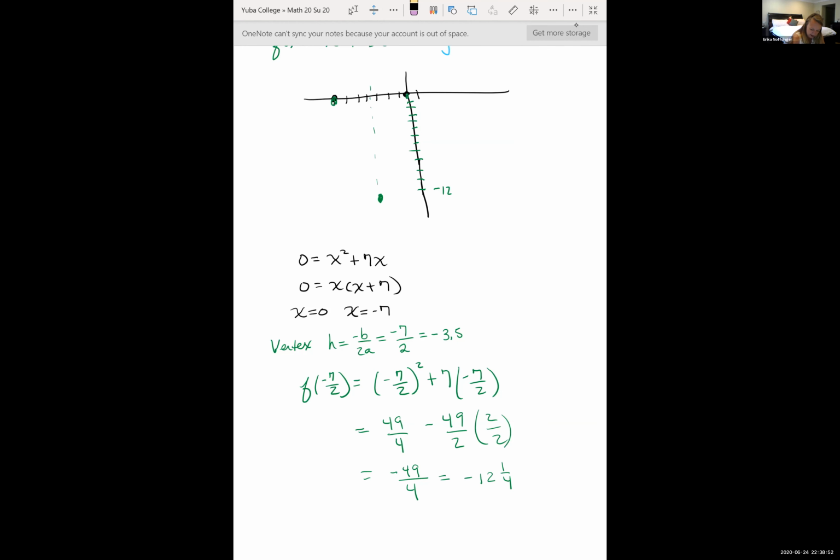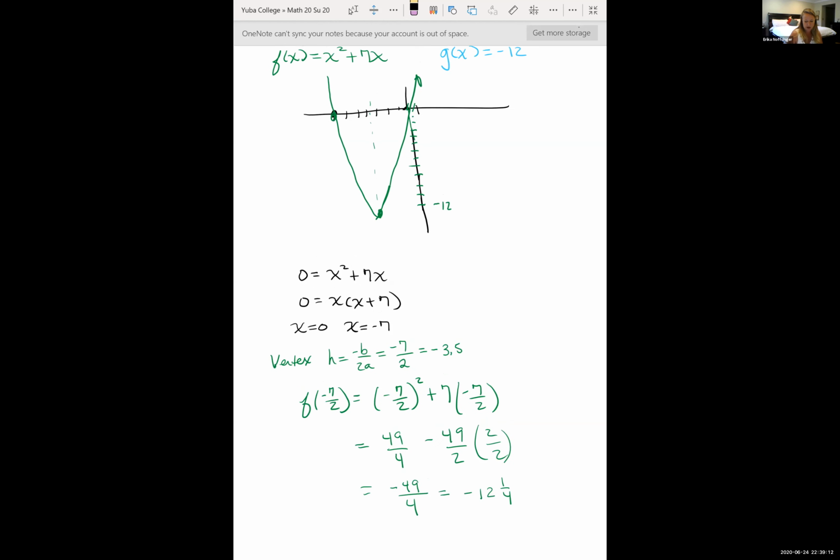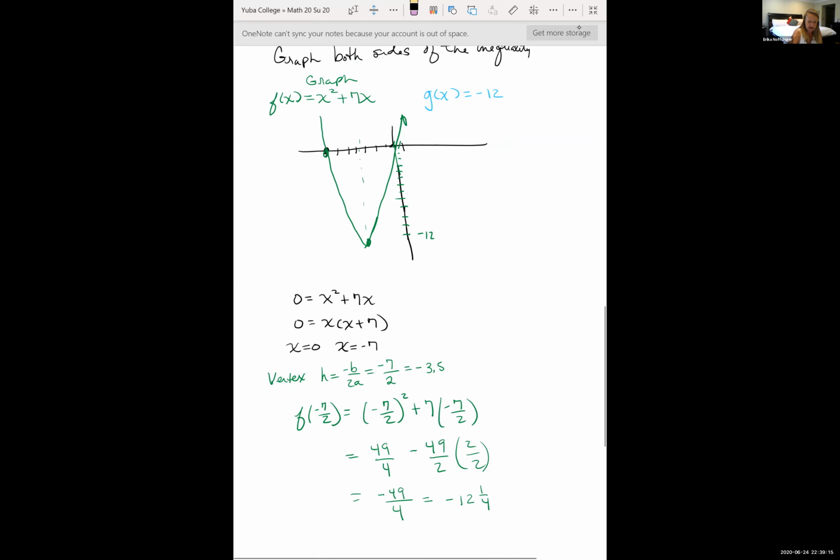Okay, so we graphed our f of x. And it wants us now to graph our g of x. Well, g of x is equal to -12. Y is equal to -12. That's just a horizontal line through -12.